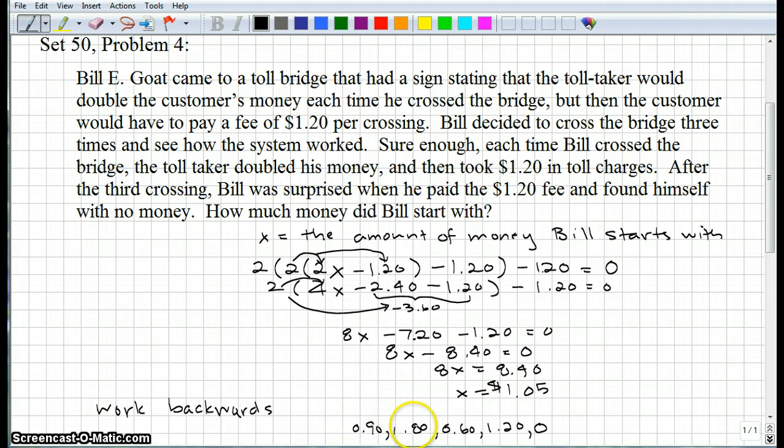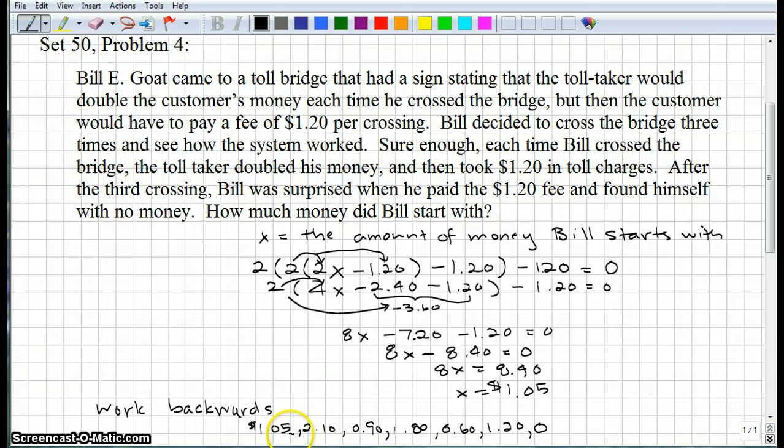So that represents the second crossing. And now we'll go back to the first crossing. We know that he had to have had $1.20 more than that, so that makes it $2.10. And so then before he doubled his money, he had to have $1.05.